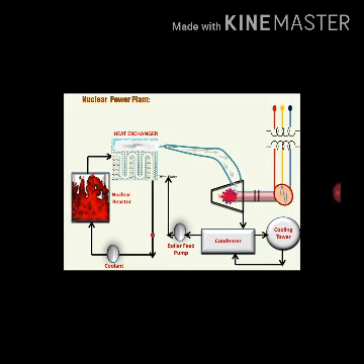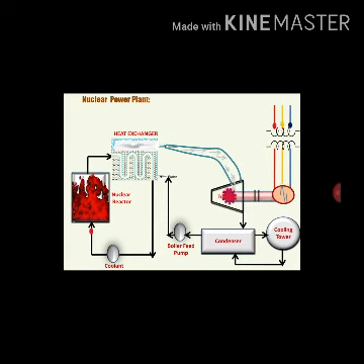Now the turbine is coupled with the alternator. As the steam turbine rotates, alternator also rotates, and this alternator converts mechanical energy to electrical energy. So the electrical energy can be given to the grid.